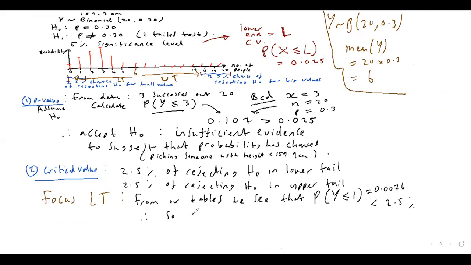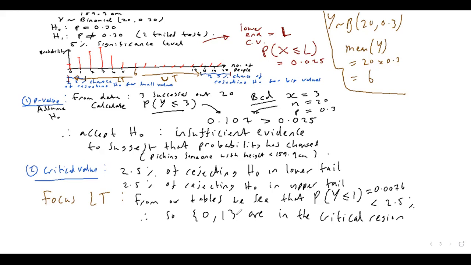So I'm actually just going to write it as a set: 0 and 1 are in the critical region. Remember, the critical region is the set of successes such that you reject H0.